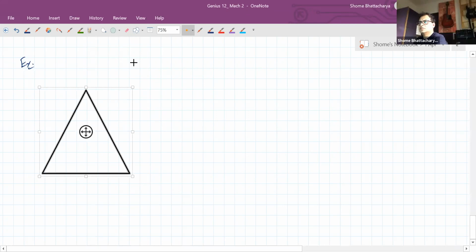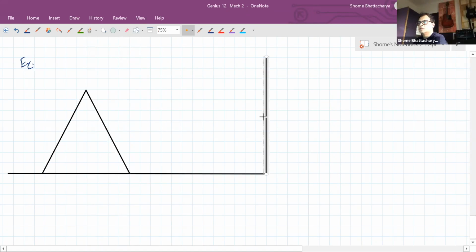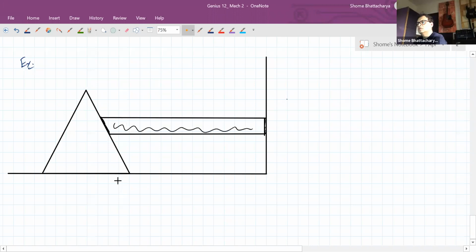And now we also have this kind of an object that just fits over here. This is a smooth surface, this is a smooth surface, and this angle is theta.